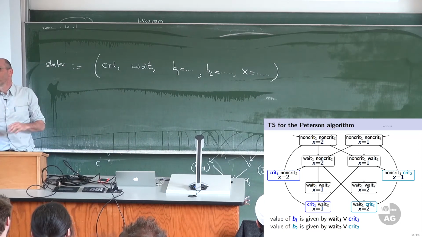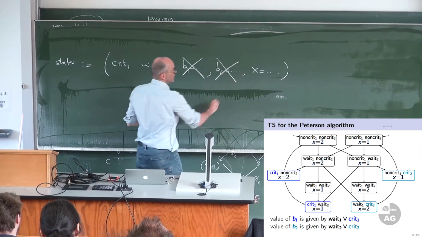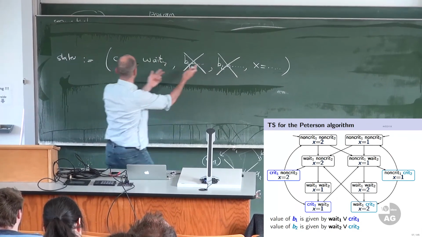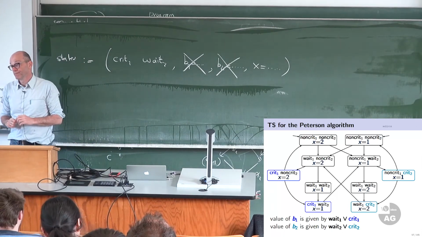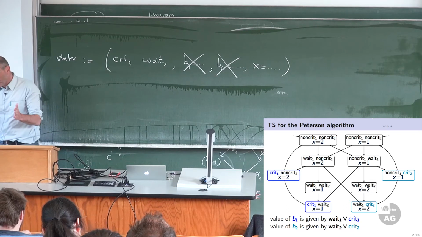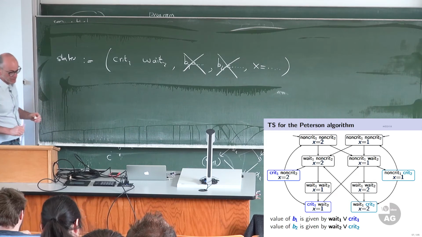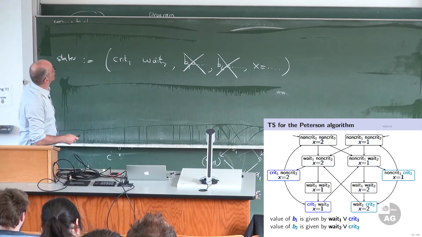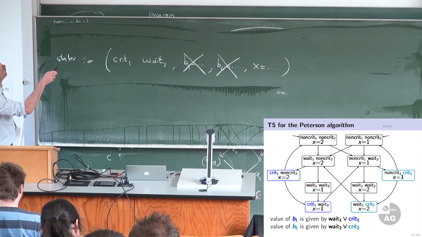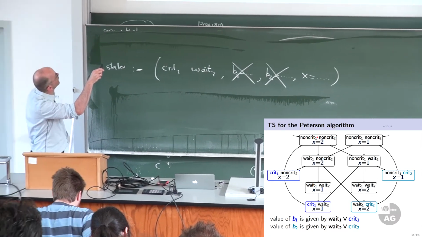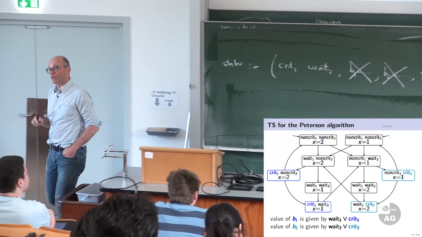So for the sake of shortness, I basically removed these two because the values of B1 and B2 are already given by the possible values of the first 2 components. Okay? So I reduced the quintuples to triples in order to make our life hopefully a little bit easier. So this means, for instance, that in the case wait 1, we know that B1 is true, and in the state non-crit 1, then B1 is false because this disjunction doesn't hold, and so forth.